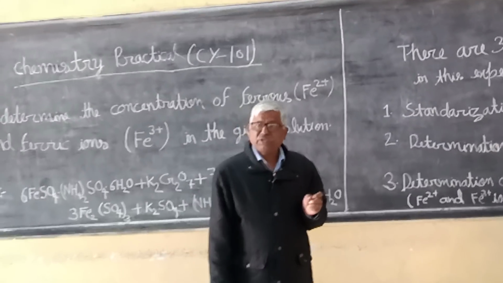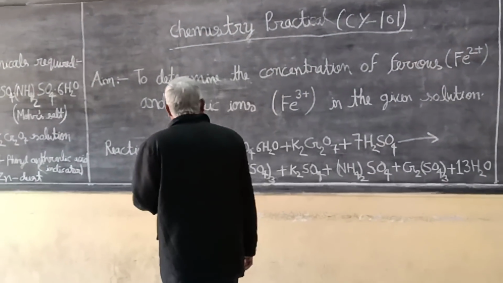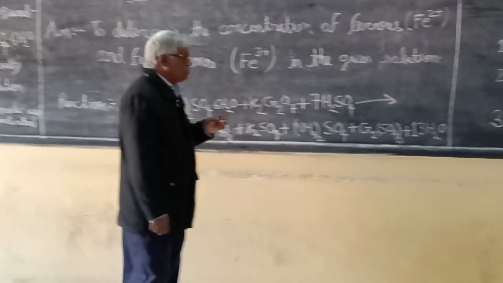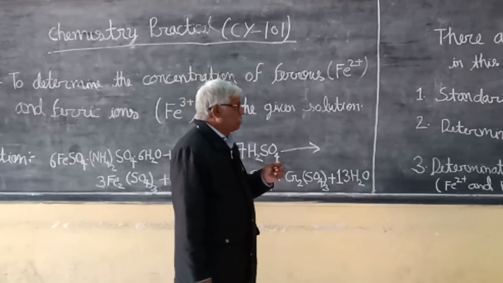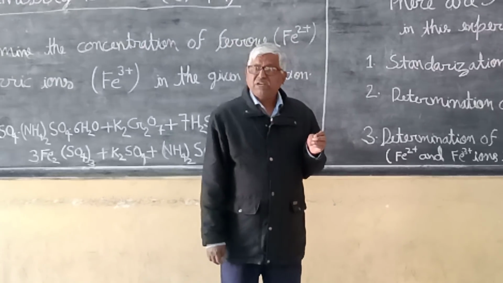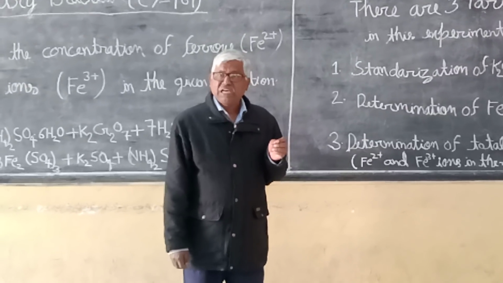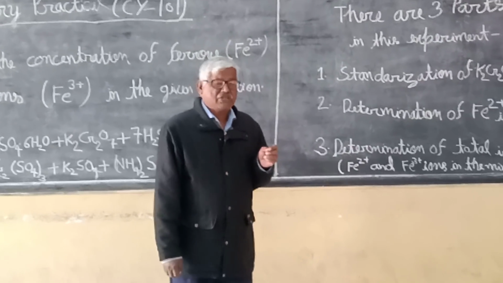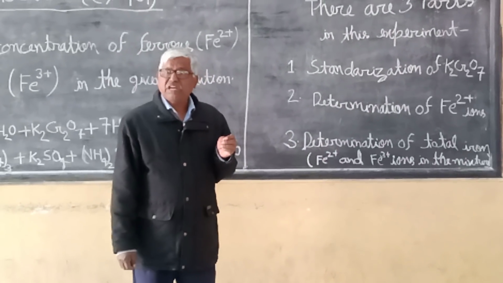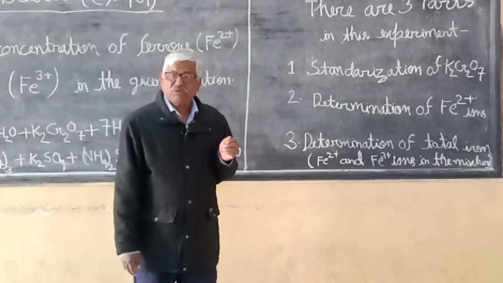This reaction happens in the presence of acid, so dilute acid is also required. We take 10 ml of ferrous ammonium sulfate in the conical flask, add half test tube of dilute H2SO4 and 3-4 drops of N-phenylanthranilic acid, and titrate with potassium dichromate.